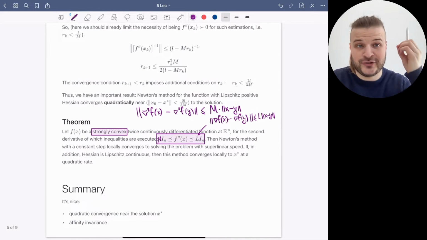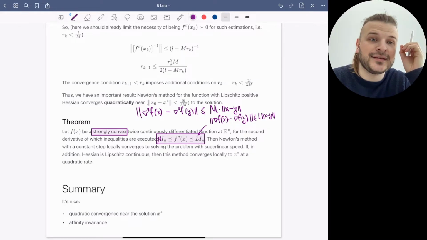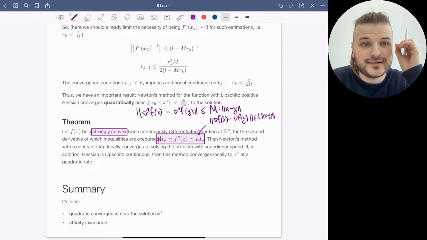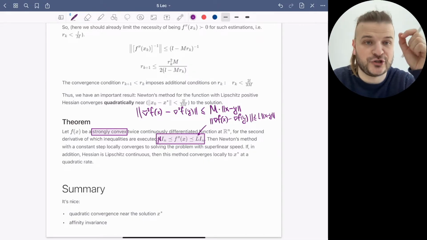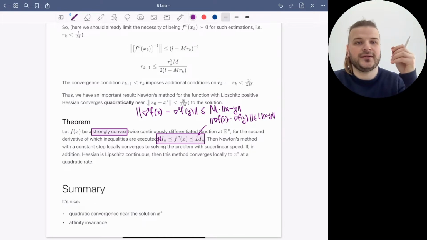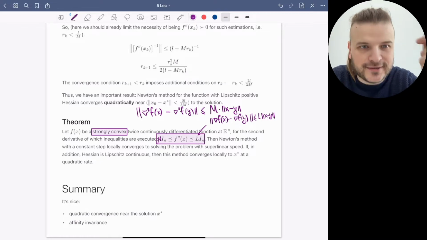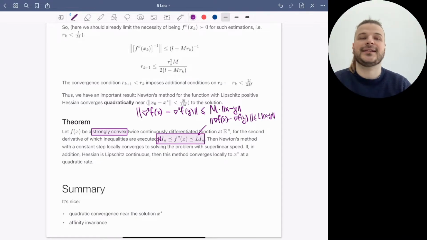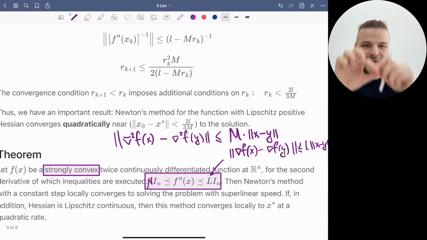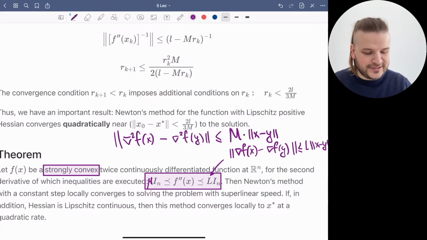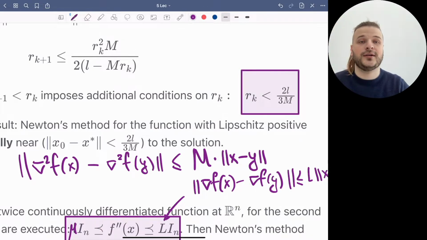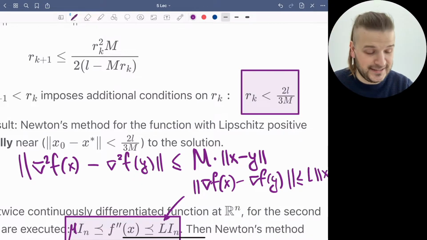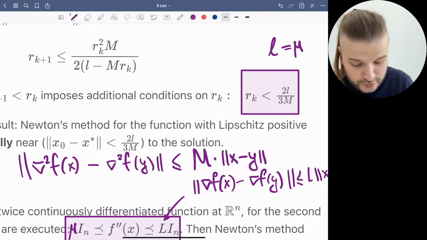So again, if your function is strictly convex and the Hessian is Lipschitz continuous, then the Newton method will give you quadratic local convergence. Local here stands for some region, and this region is defined by the constants of strong convexity and Lipschitz continuity.